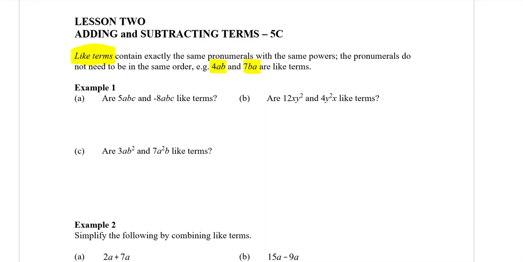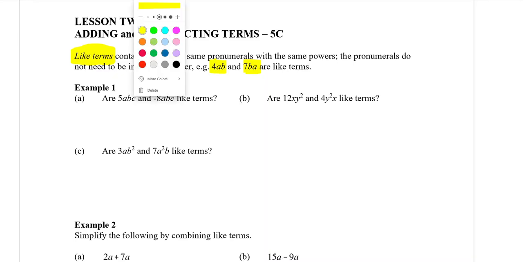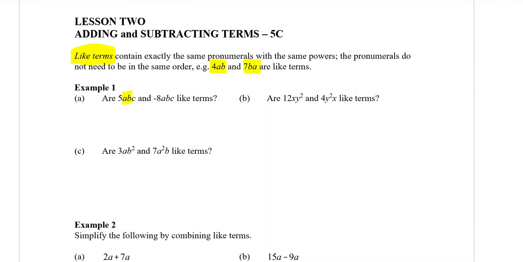So in example 1, we just want to decide whether the terms that we see there are like terms or not. So are 5ABC and minus 8ABC like terms? Well, we have an A, B, C in the first one, and we have an A, B, C in the second one. The number out the front doesn't make a difference.